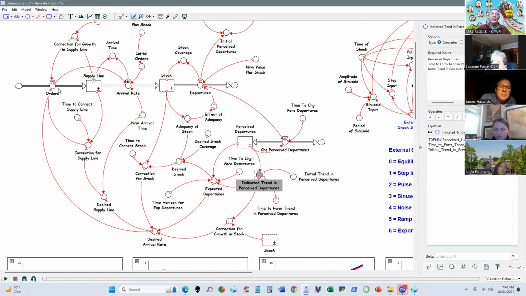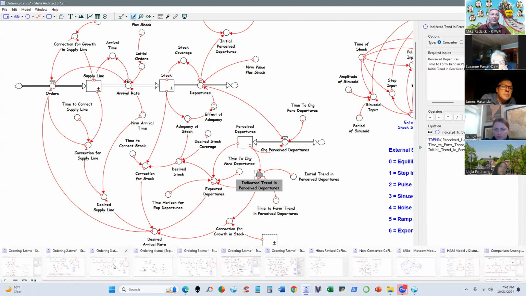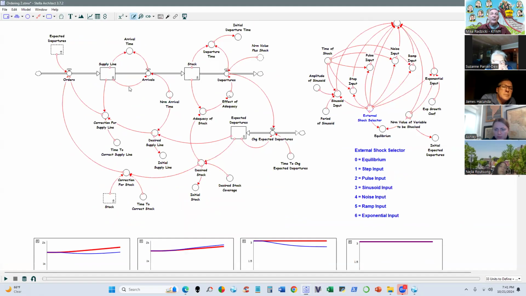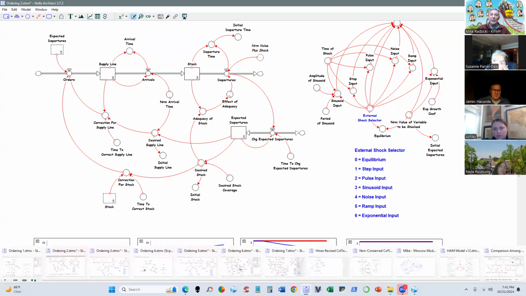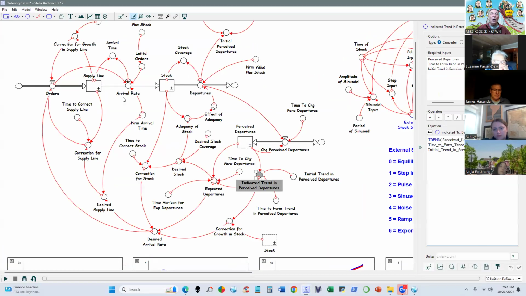But look here, this is a little different. I don't have a feedback link here, right? If you look at a first order, you've got this feedback link here. The equation is that molecule number 2 from the first course. That's not what's going on here. See, there's no link here.